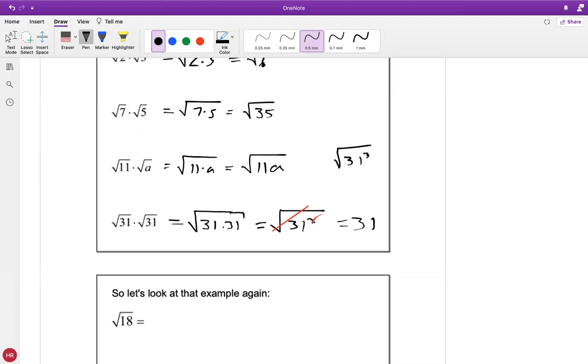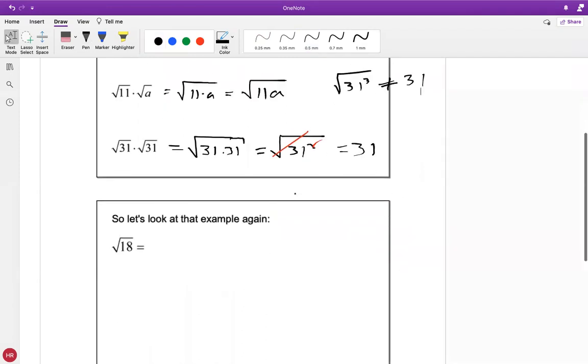You can only do this crossing off if the exponent is 2. If it's a 3 or 4 or 5 or anything else, it doesn't work. Like this does not equal 31. You can't just cross those off, because the exponent here is 3 and not 2.